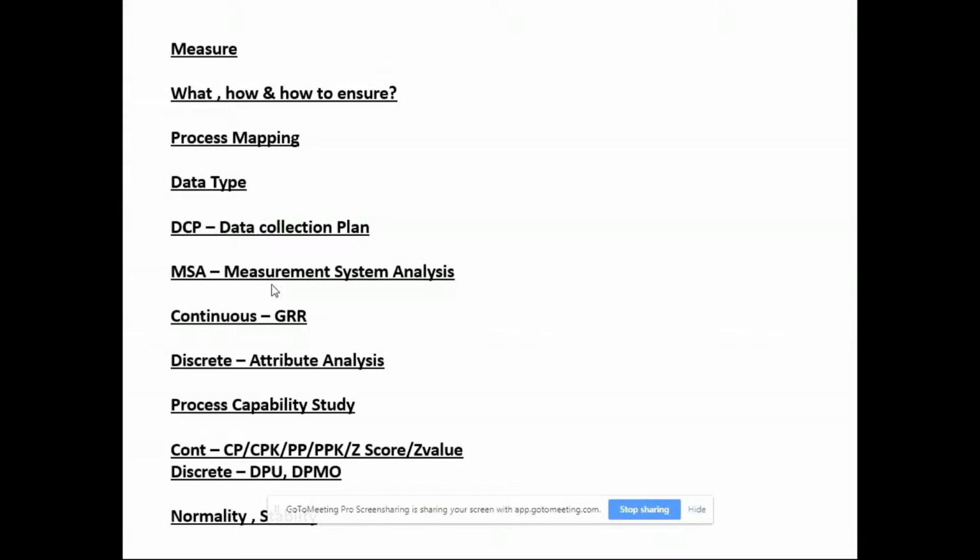And then you did data analysis. Now, before doing data analysis, you wanted to ascertain what is the data type. So, do you remember what are two types of data? Continuous. Yes. And what's the other one?